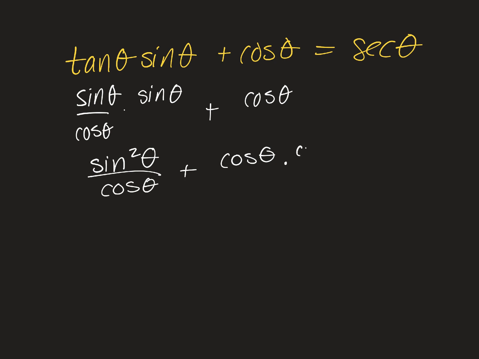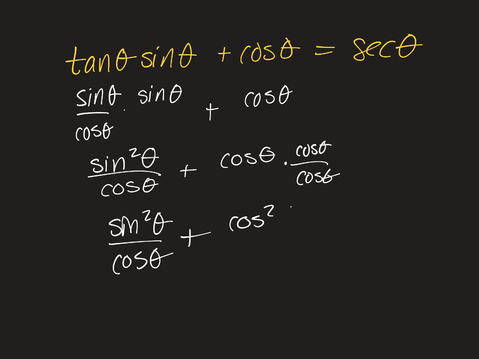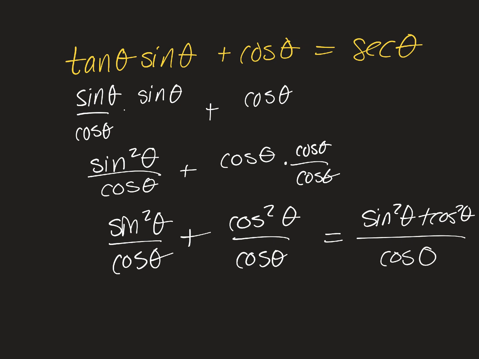So I'm going to multiply this by cosine over cosine. Then you can combine those together. So then sine squared plus cosine squared is 1 over cosine, which is secant.